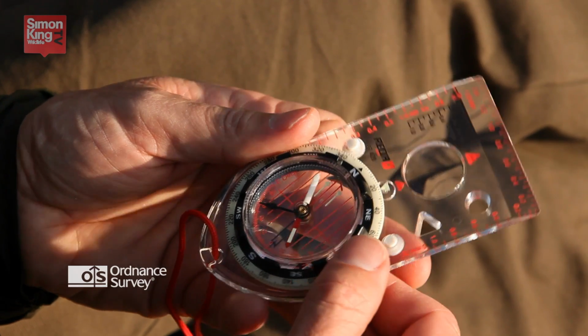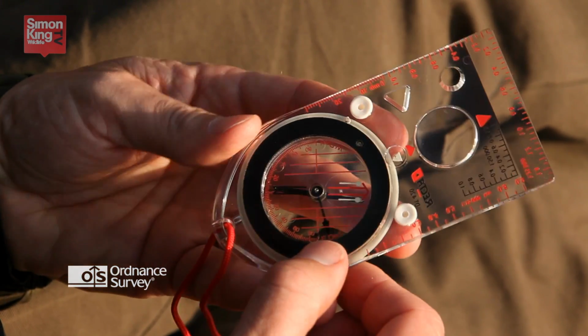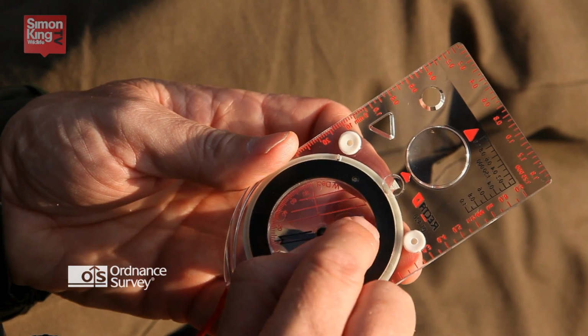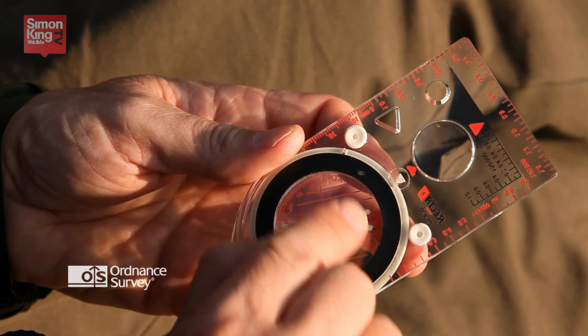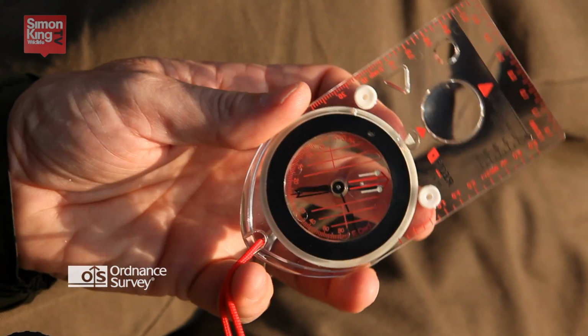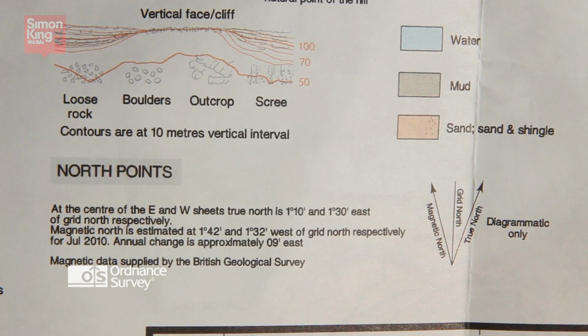On this compass, there's another little dial which I can use to offset the needle of orientation against the lines of orientation, so it's no longer parallel, by the number of degrees of what's known as declination, this difference between magnetic and grid north.